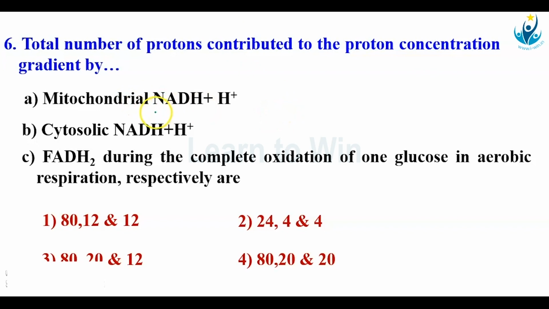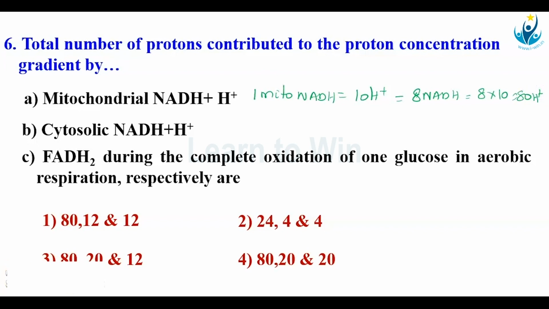Each mitochondrial NADH gives 10 protons, 4 plus 4 plus 2. There are a total of 8 mitochondrial NADH. So their contribution is 8 into 10, 80 protons.